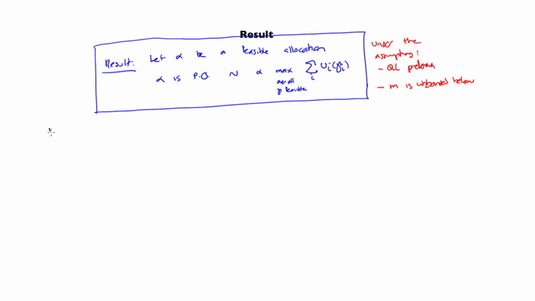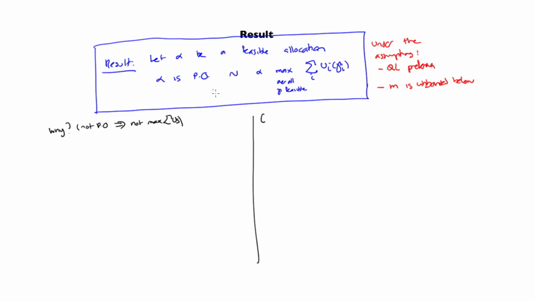The proof is going to have two parts. To prove that something is equivalent, we can prove that the left-hand side implies the right-hand side, and the right-hand side implies the left-hand side. In this case, it's useful to do something that is logically equivalent. On this side, we're going to prove that if alpha is not Pareto optimal, then it doesn't maximize the sum of the u's.